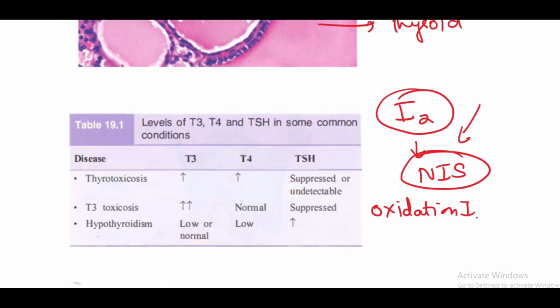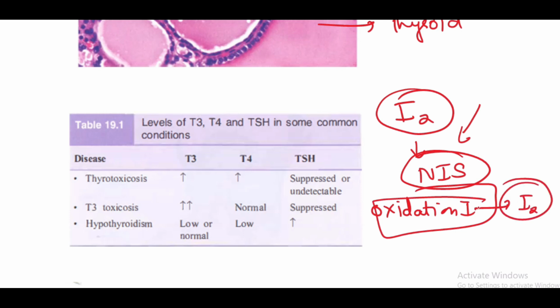The second process is oxidation of iodide to iodine. Once inside the thyrocyte, iodide is oxidized to iodine. Third step is formation of iodotyrosine.